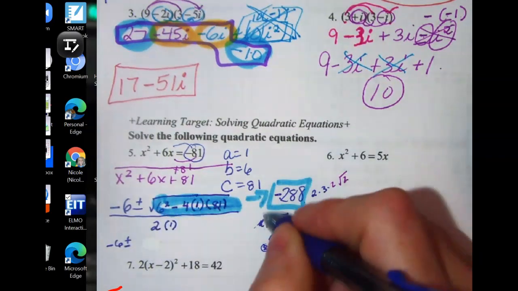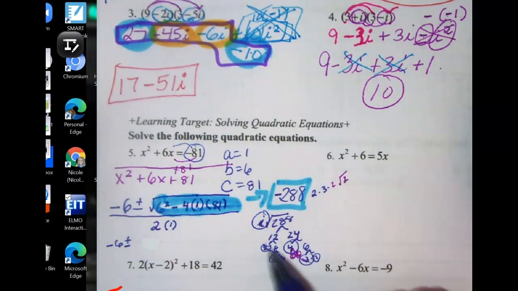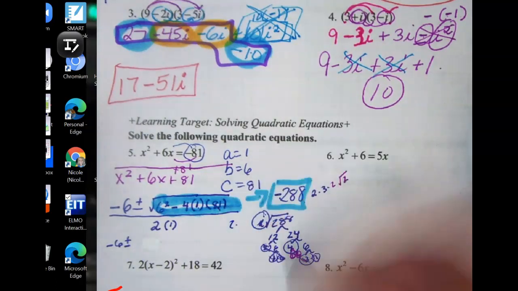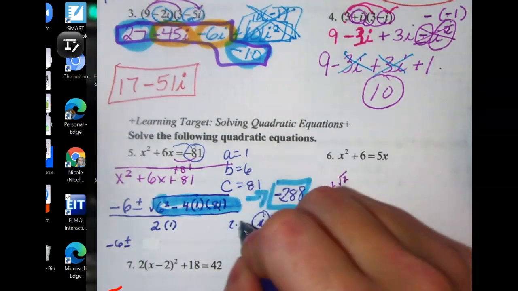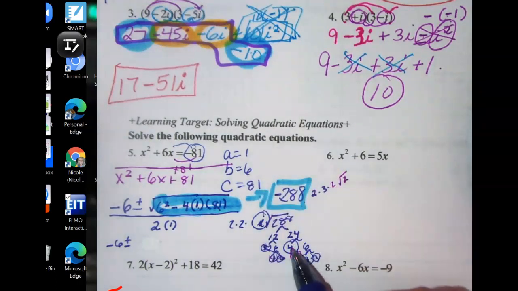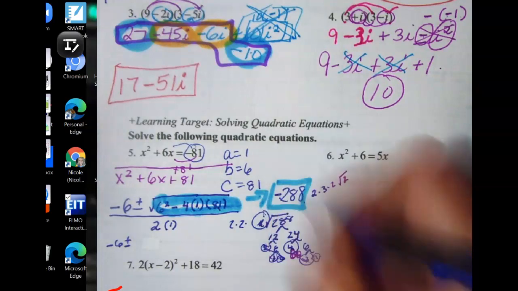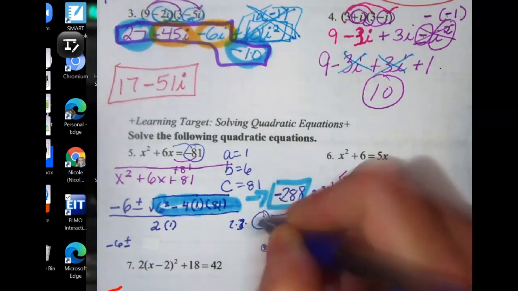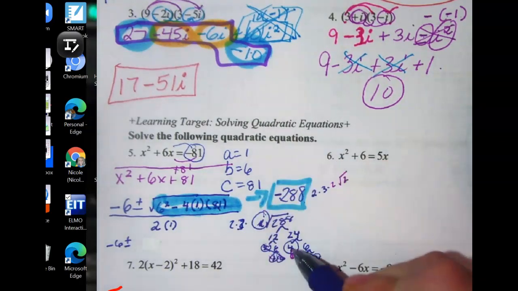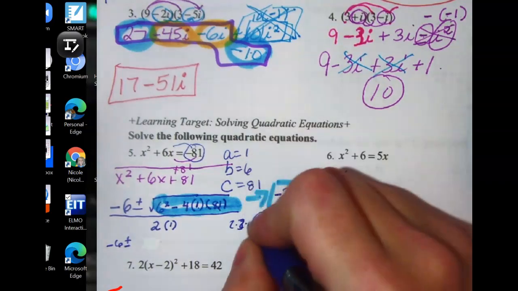And we pulled out the i, and then I can also see I have a pair of 3s and another pair of 2s for that perfect square.